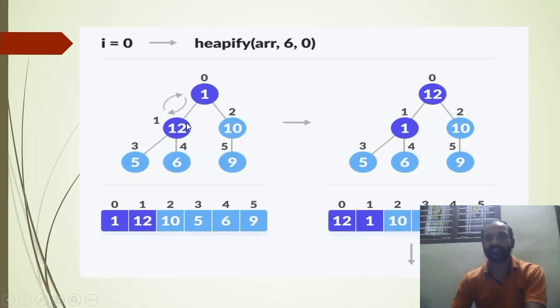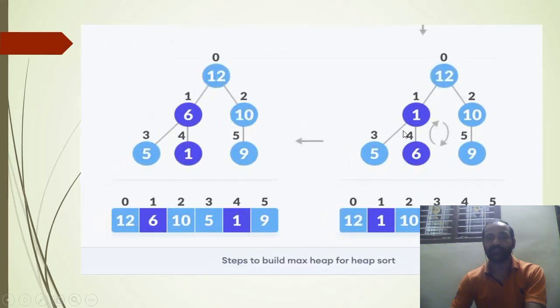In that case 12 is the maximum, so we swap 1 with 12. After that, the tree is still not satisfied, because 5 and 6 are greater than 1. Again we compare with the children of the current element. 6 is the largest, so we swap 6 and 1, and finally we get the final max heap.